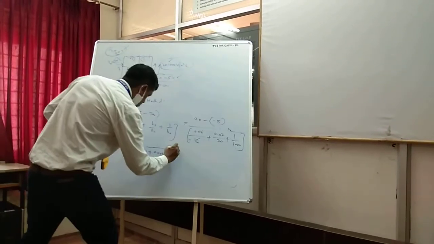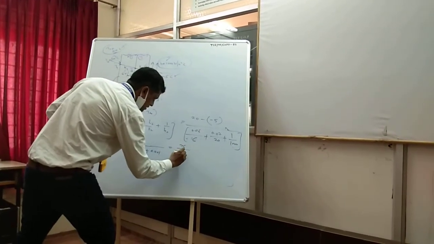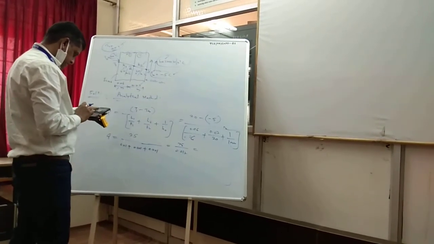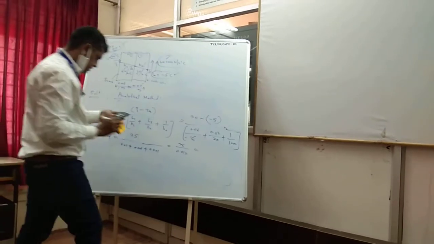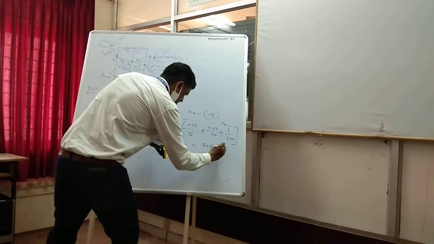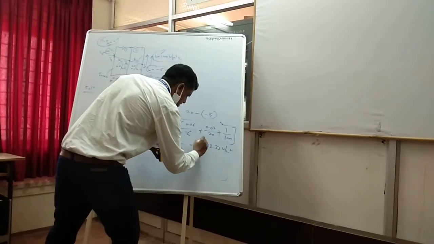You get 0.012, 25 divided by 0.012, that will give you 2083.33 watts per meter square.